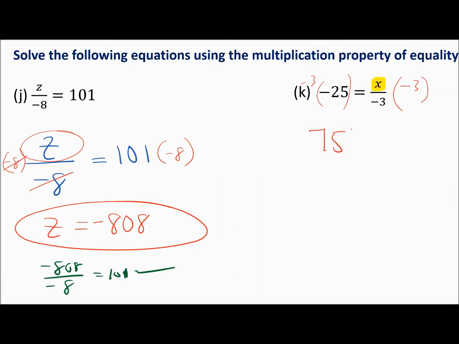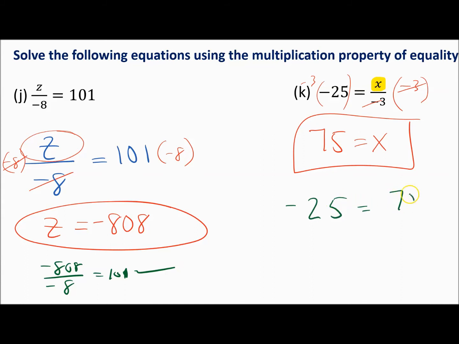We know a negative times a negative is a positive, right? On the right, the negative 3 cancels, so I just get x as my answer. Again, I could check it by saying, is negative 25 equal to positive 75 divided by negative 3? And it definitely is. A positive divided by a negative is a negative, and 75 divided by 3 is 25.